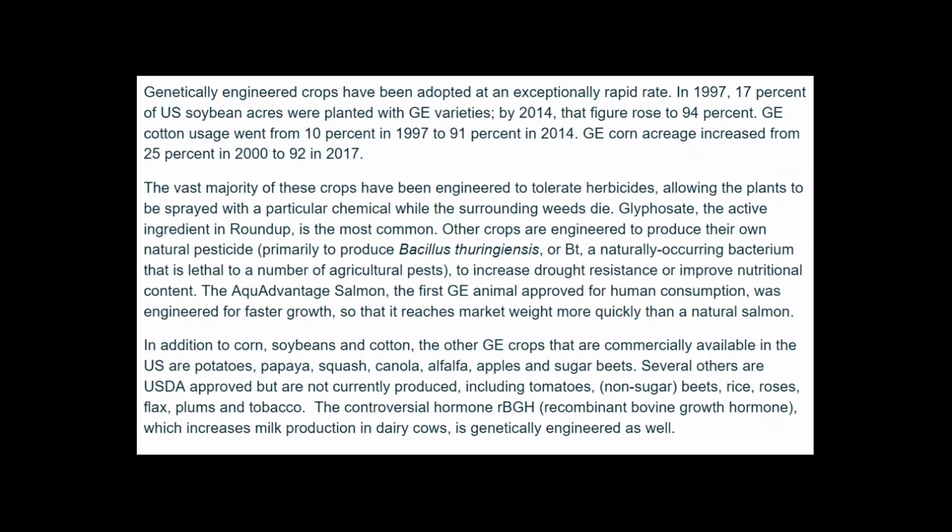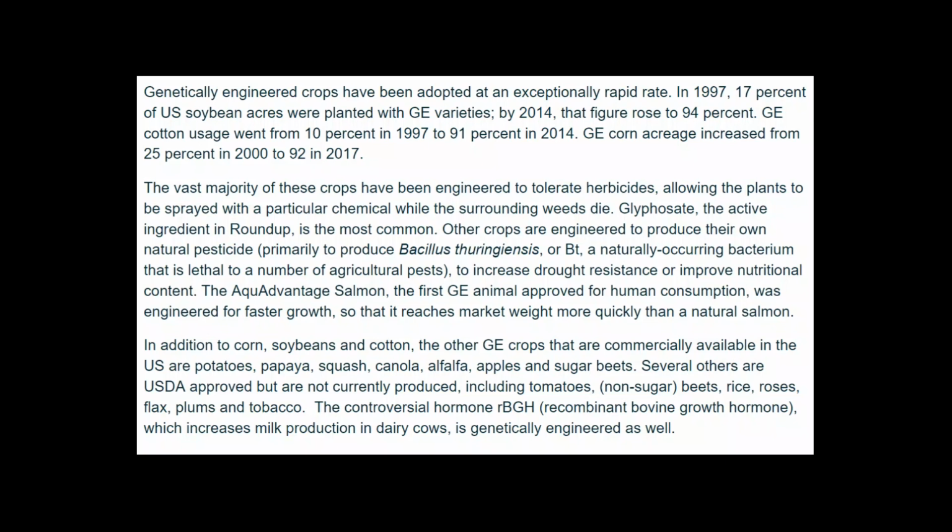So, genetically engineered crops have been adopted at an exceptionally rapid rate. In 1997, 17% of US soybeans were planted with genetically engineered varieties. By 2014, the figure rose to 94%. So from 17% in 1997 to 94% in 2014.